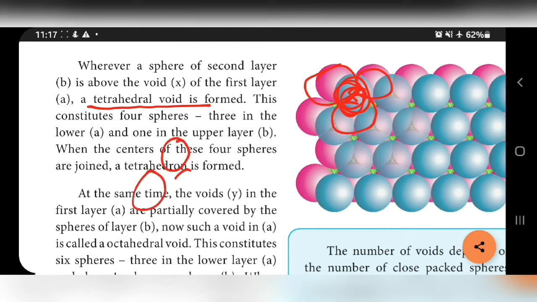In the first layer 3 atoms are there, that void is termed X. If you place one atom above this, that is called a tetrahedral void. This constitutes 4 spheres: in the first layer 3 atoms, 1, 2, 3, and in the second layer the 4th atom. So totally 4 spheres, 3 in the lower and 1 in the upper layer, that is 3 atoms in the A layer and 1 atom in the B layer. When the centers of these 4 spheres are joined, a tetrahedron is formed.